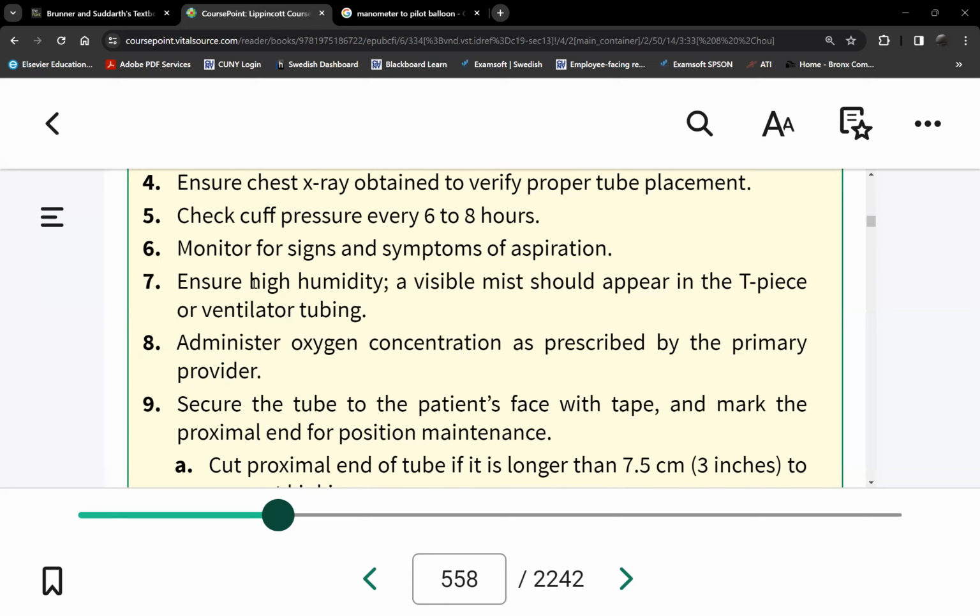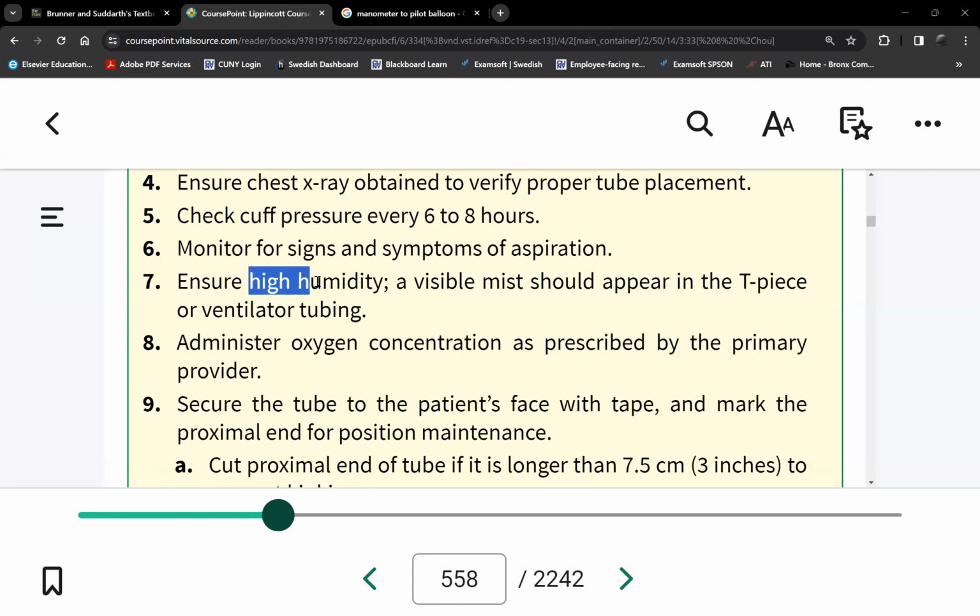What else does it do? It humidifies and warms the air, correct? Is there a nose on a ventilator? No. So do we need to humidify and warm the air as it enters the patient? Yes, we need to do that.